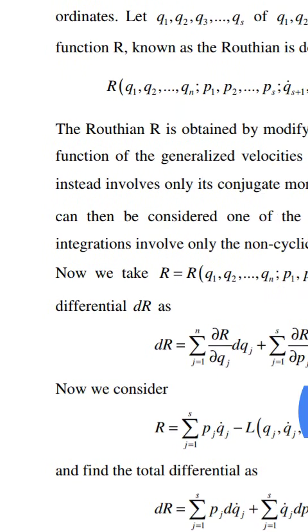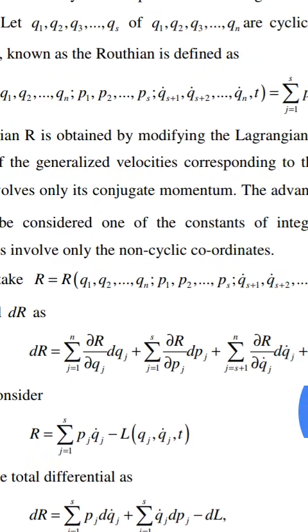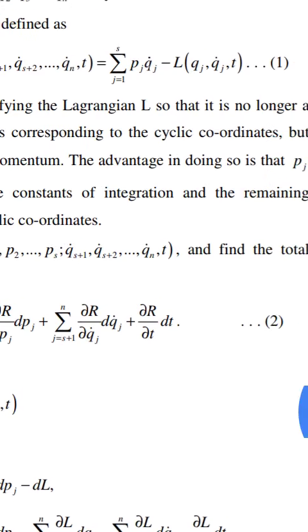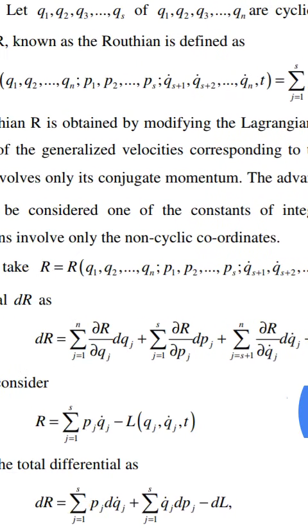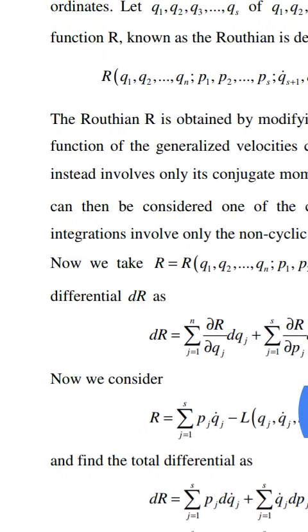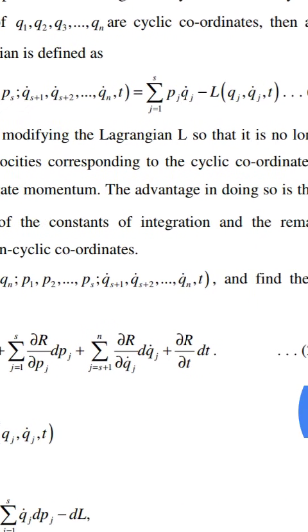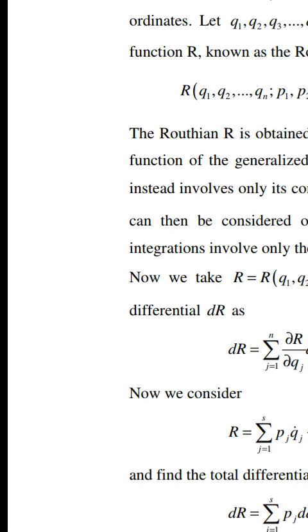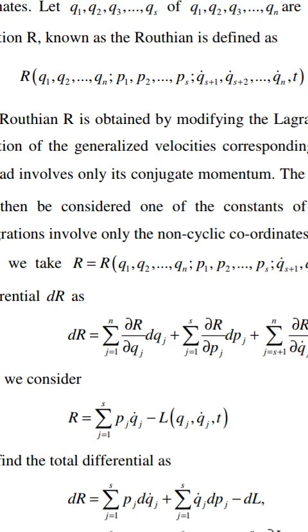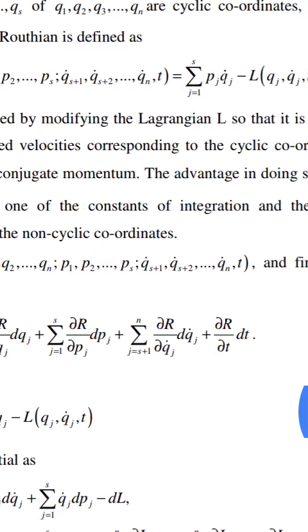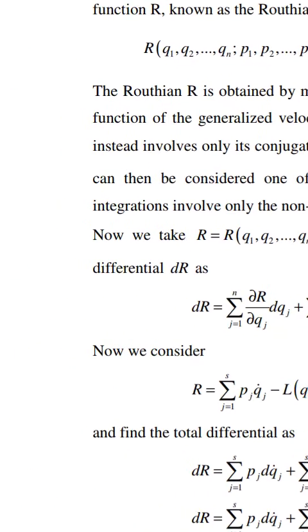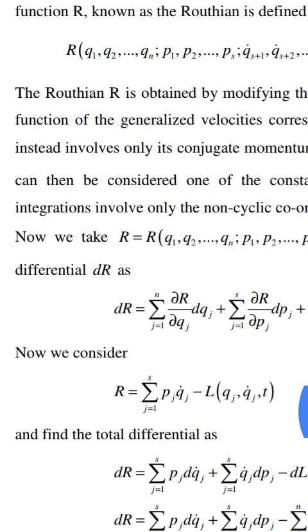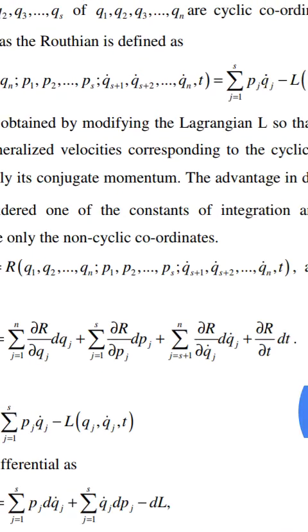The Routhian R is obtained by modifying the Lagrangian L so that it is no longer a function of the generalized velocities corresponding to the cyclic coordinates, but instead involves only their conjugate momenta.